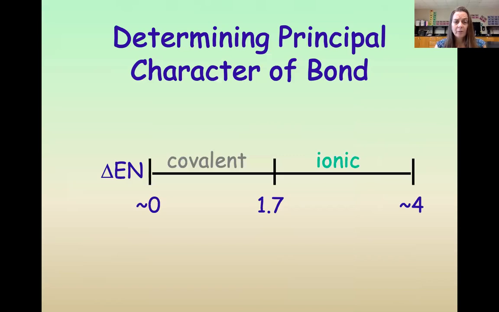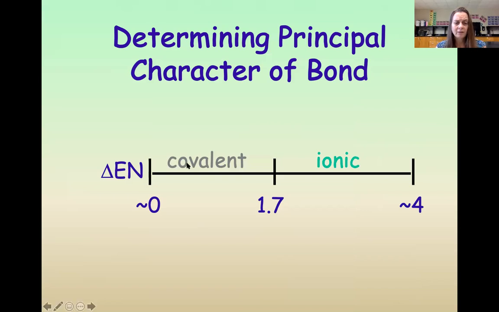So how do we determine this character of the bond? If we actually know the electronegativity values, we can simply subtract the electronegativity value of one atom from the electronegativity value of the other atom. We generally say that if the difference is less than 1.7, it's covalent. If it's more than 1.7, it's ionic. Different textbooks will use different values for this, so this is not an absolute determiner of the character of the bond.